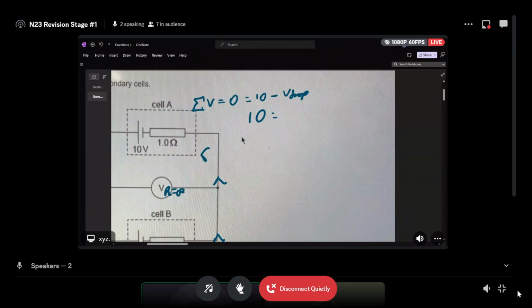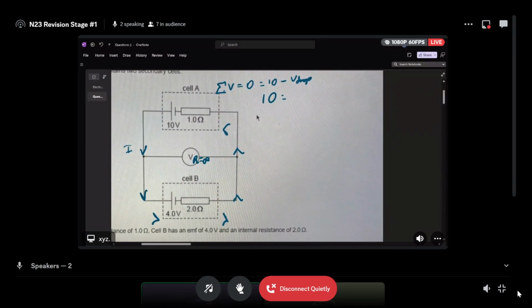Then we can rearrange, and we're given that 10 is equal to, so the first voltage drop occurs over here, but since we're flowing opposite to the direction, we subtract 4, so the voltage drop would be 4 volts, so here it becomes positive. We just moved it to the other side. 4 volts, and then the other drop occurs at the 2 ohm resistor. This implies that 10 is equal to V drop.